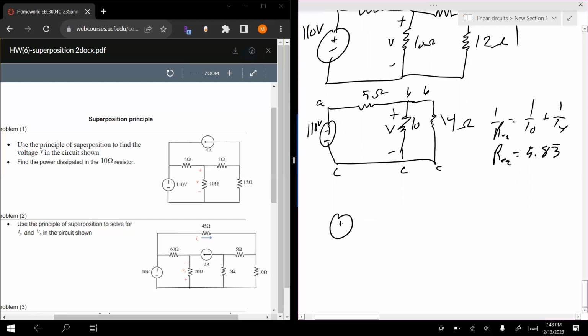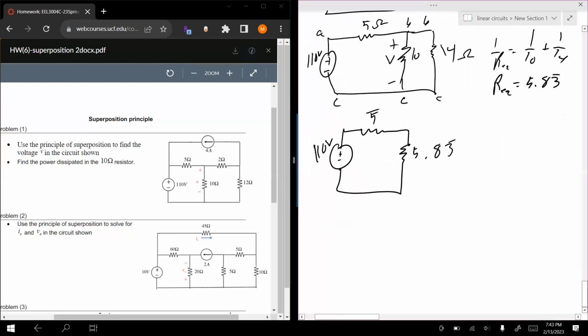So when I redraw my circuit, we're going to get 5.83 repeating, 5 ohms. This is still 110 volts. So we can actually do the voltage division method on this. So what I was getting at earlier, the voltage across this resistor is also V, which means that the equivalent resistor here is going to have the same voltage.